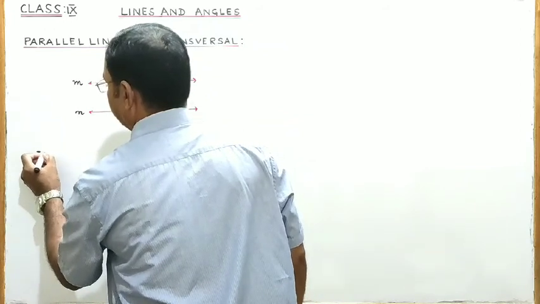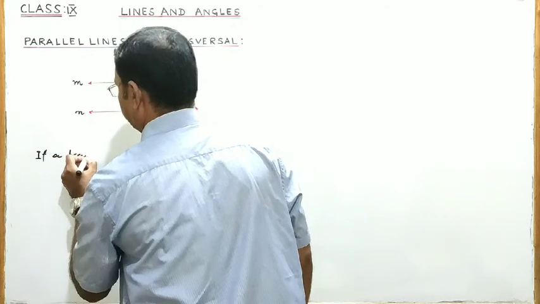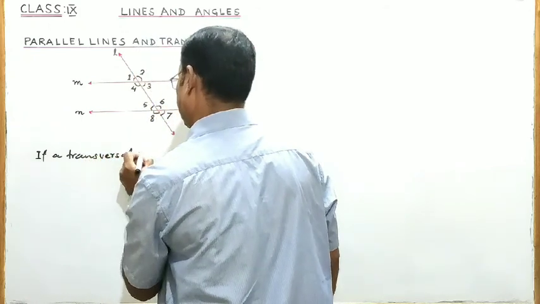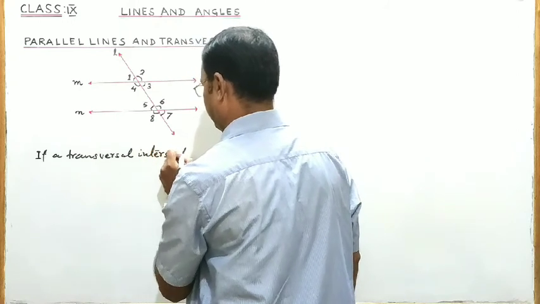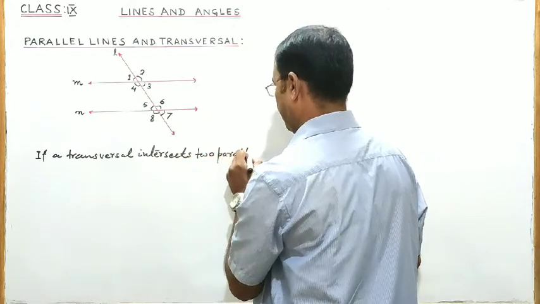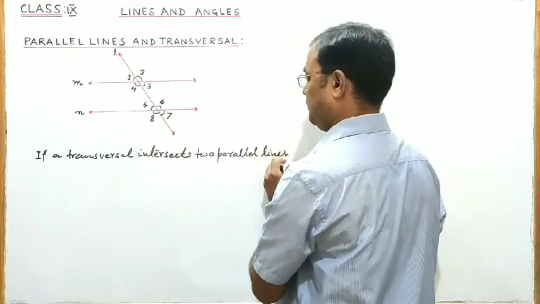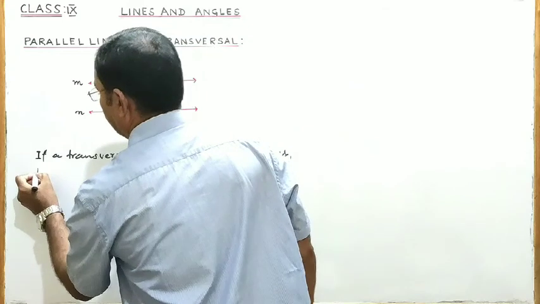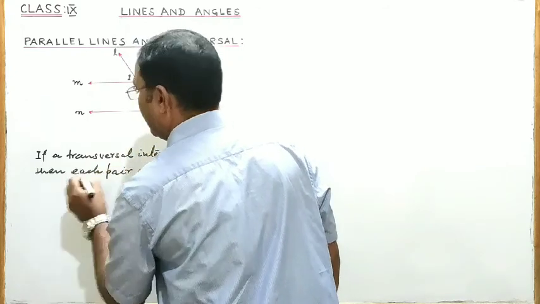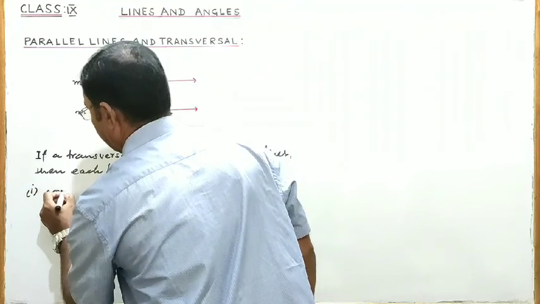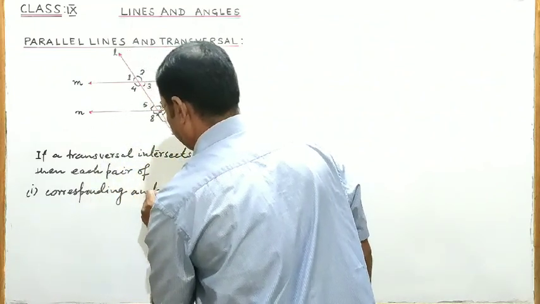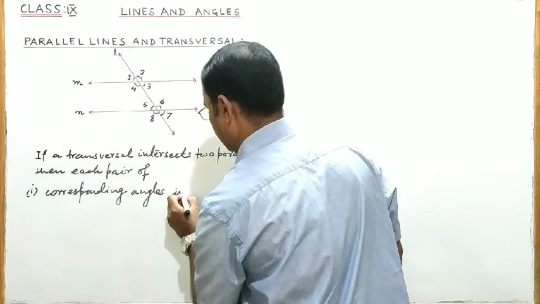So if a transversal intersects two parallel lines, then each pair of corresponding angles is equal.